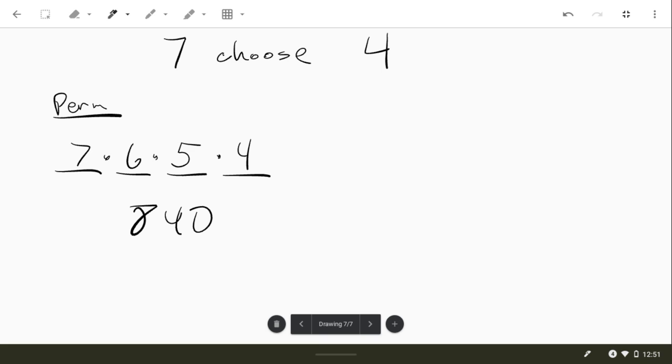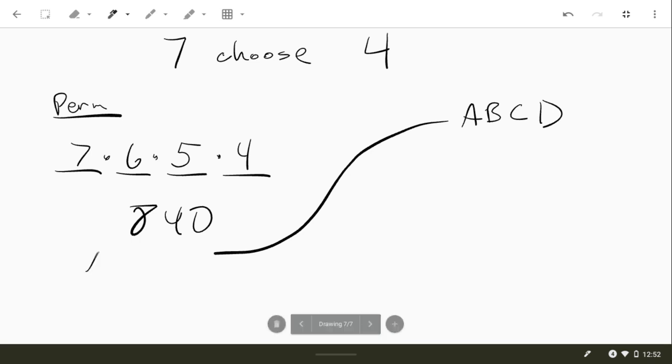But for the combination side, it wasn't so simple. You could simulate it with, say, A, B, C, D, and then we had to map that over onto the permutation side and ask, how many different permutations are there for A, B, C, D?